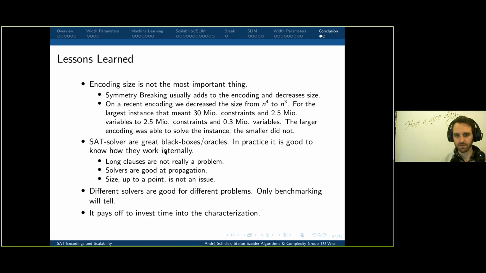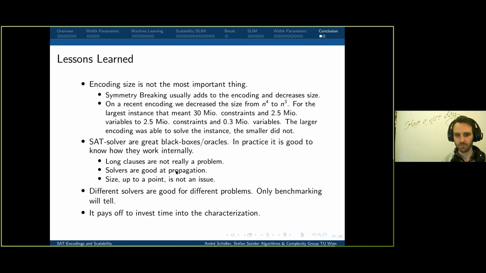The other thing is SAT solvers are great black boxes and oracles. They have a standardized way you encode your instance in. You give it to a SAT solver, they give you an answer. Great. In practice, it's nonetheless good that you have some idea how they work internally, because long clauses are usually not really a problem because of the two-watched-literal scheme. So if you can somehow save clauses by putting in longer clauses, it's sometimes a good idea.